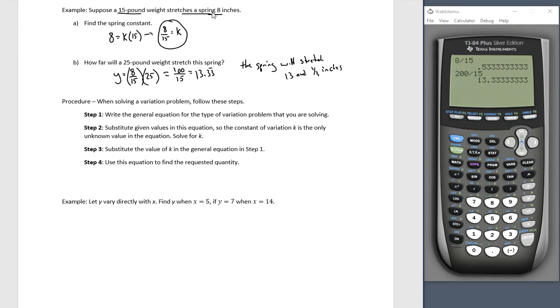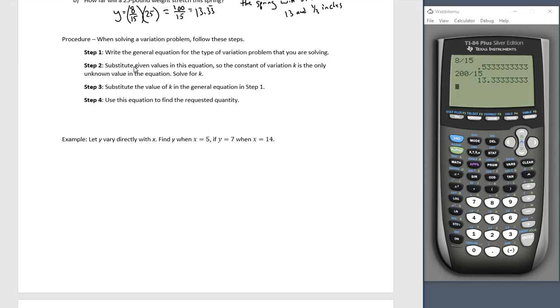When you're given information, your first step is always to find the constant of variation. Then next, use the k and find the requested quantity. Every time we solve a variation problem, we use these two steps: find the constant, and then find the one we want to know about.